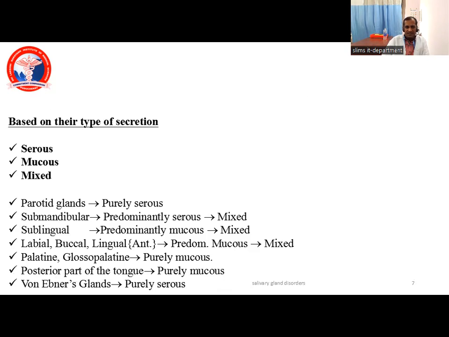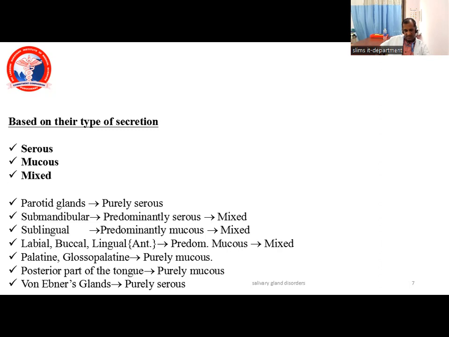Based on the types of the secretion, it can be serous, it can be mucus, or it can be mixed. The major salivary gland, that is the parotid gland, purely secretes a serous form of fluid. The submandibular is predominantly serous. The sublingual is predominantly mucus secretion.